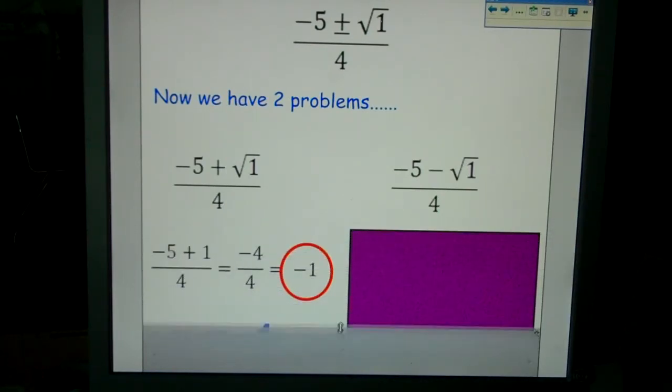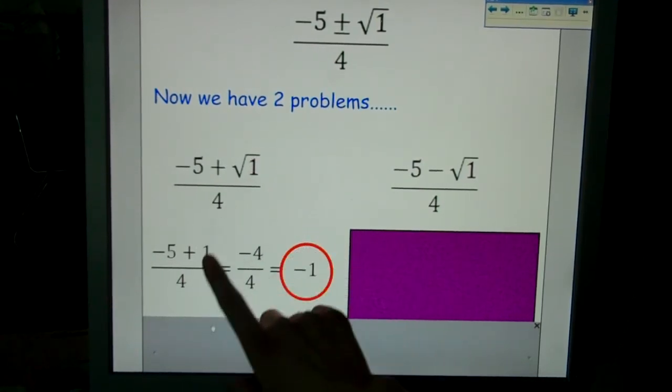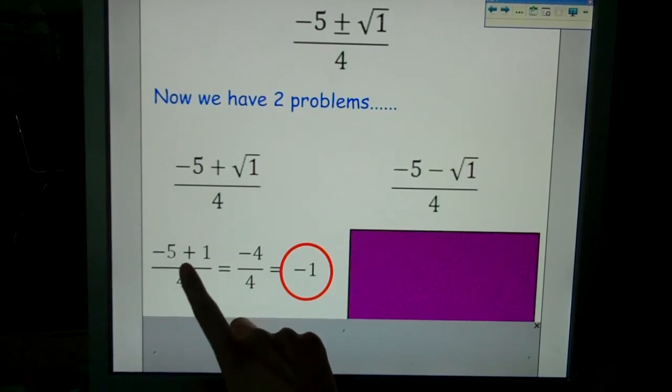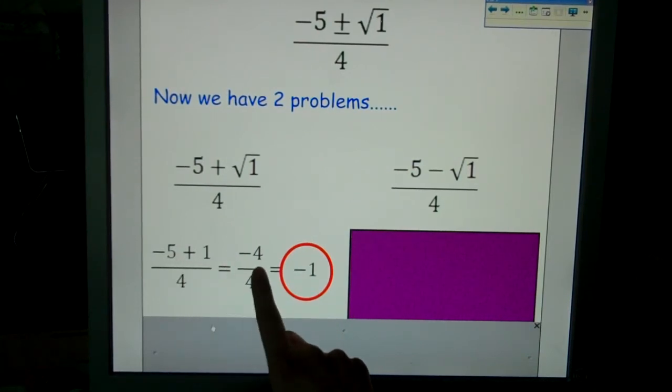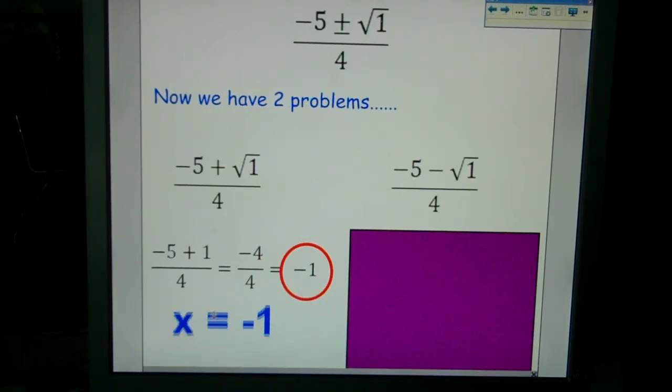All right, here we go. Follow along. What's the square root of 1? It is just 1. Negative 5 plus 1, that is negative 4, divided by 4 is negative 1. So I have one x-intercept, or 1 zero, or 1 root at negative 1.